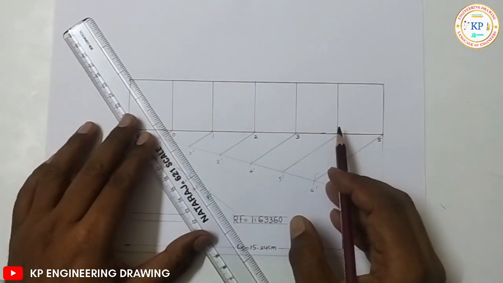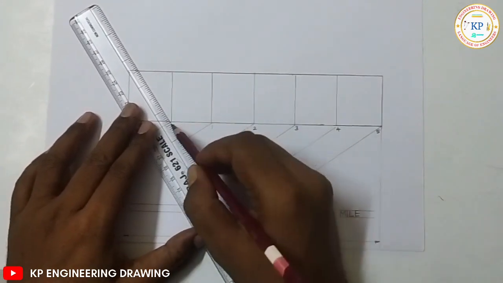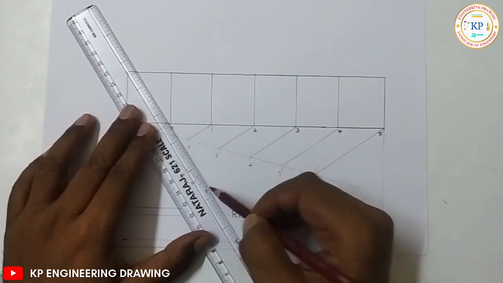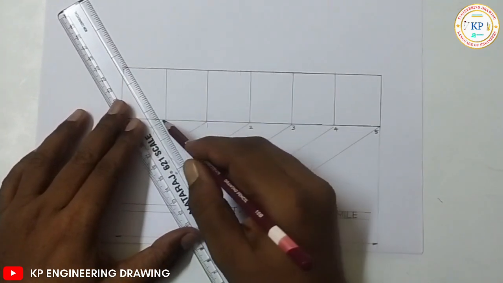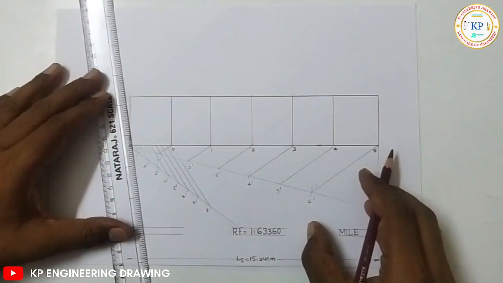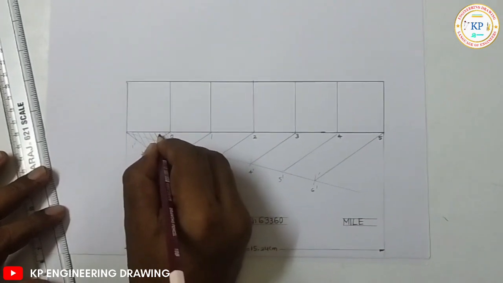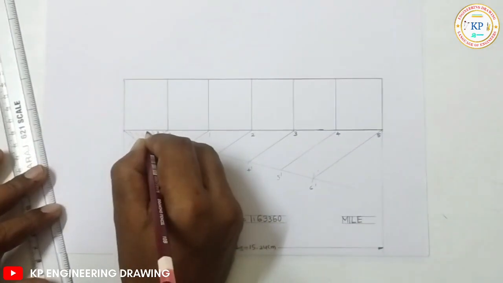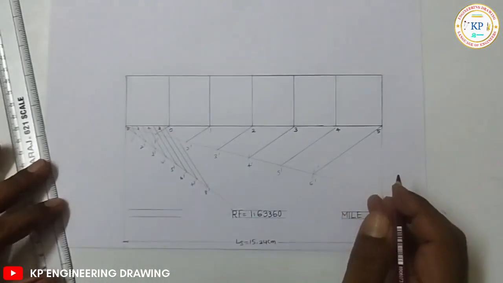Now you join the end points with the help of your mini drafter. You fix it and draw the line and move to the next point. Right? Now you draw all diagonal lines starting from 0, 2, 4, 6, 8.